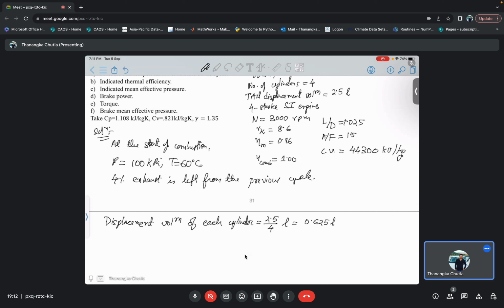If you express this in meter cube, this will be 0.000625 meter cube. So this is the displacement volume of each cylinder.